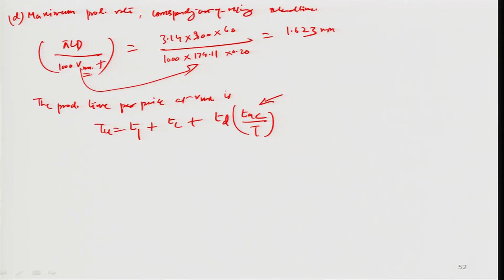So, in this particular case, I can plug all these values here. This T1 happens to be 0.50 minutes, the non productive time.